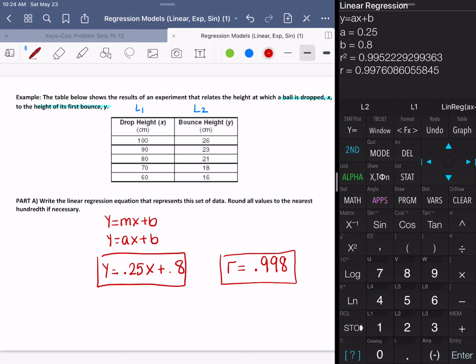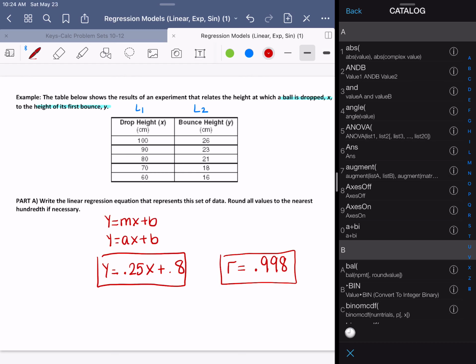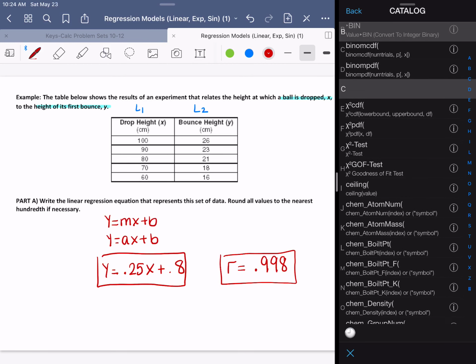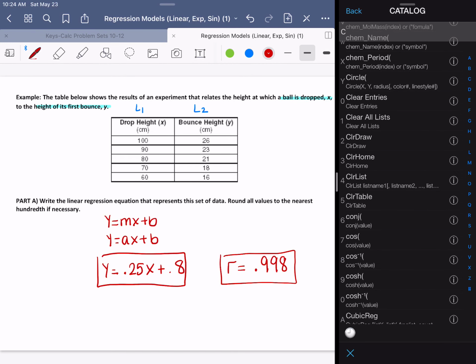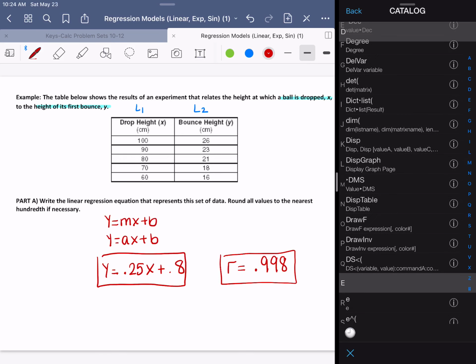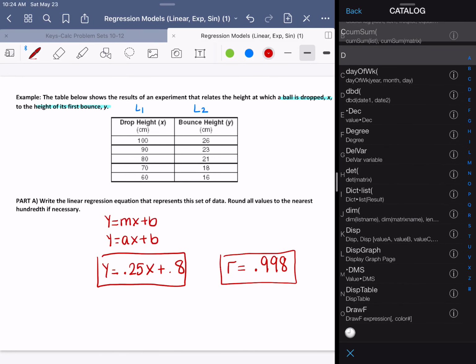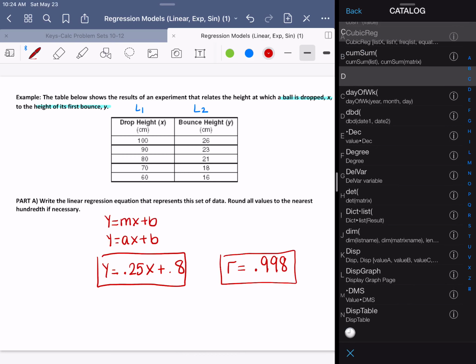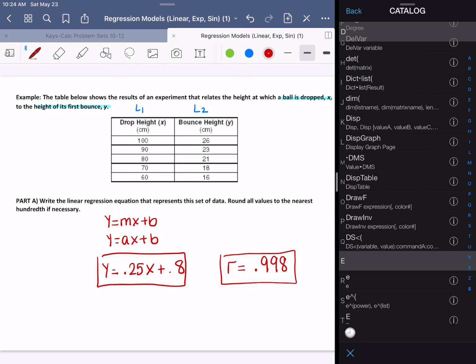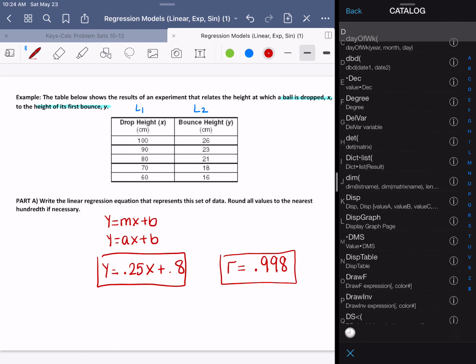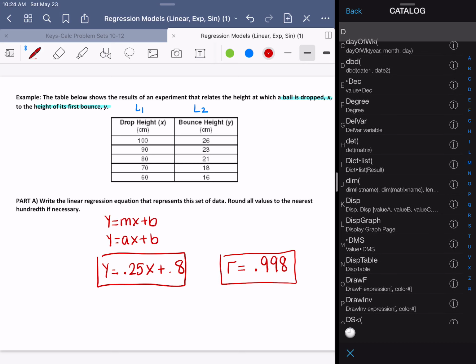Now, if your calculator screen doesn't have the R, that's just because you didn't turn your diagnostics on. So what you can do is hit second and then catalog, and then go down to D for diagnostics. I can do it a little bit easier here. You will just have to scroll down. I guess this calculator version doesn't have it, but yours should say diagnostic.